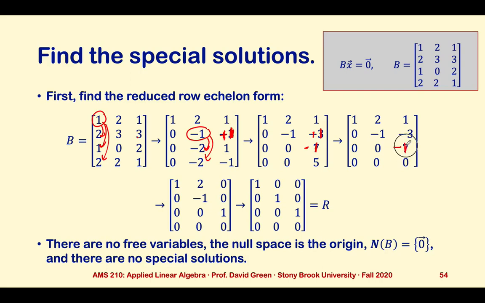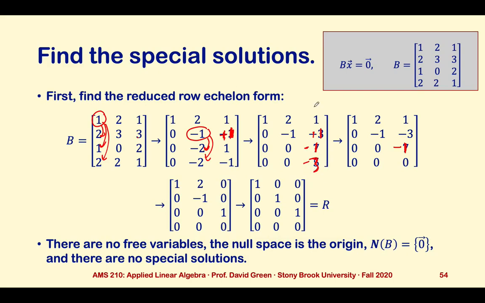We'll put a negative 1 in here. Negative 2 plus 2 is 0. Negative 1 minus 2 should be negative 3.